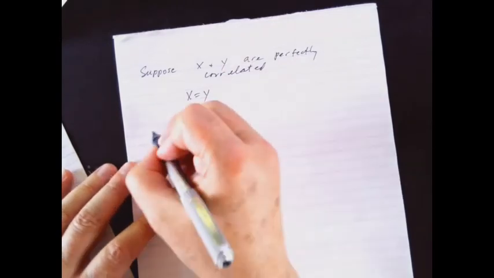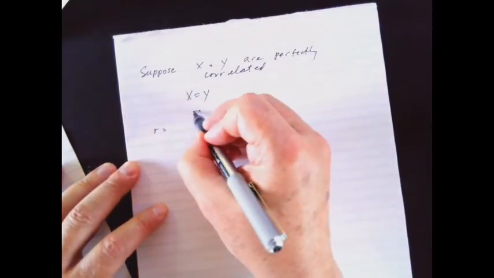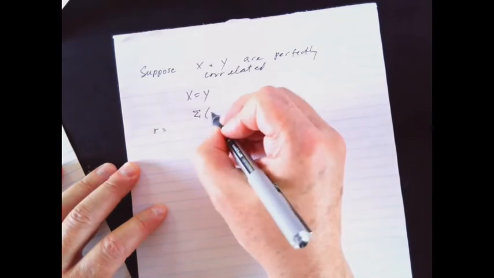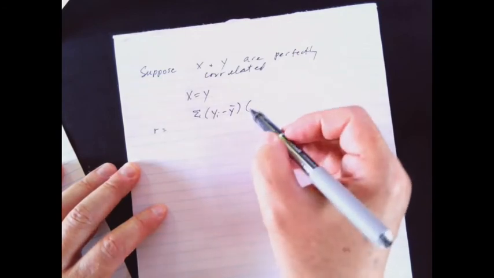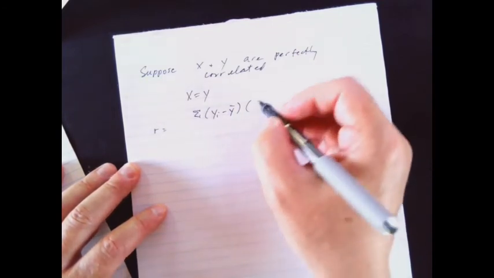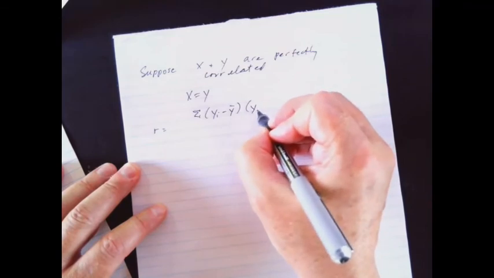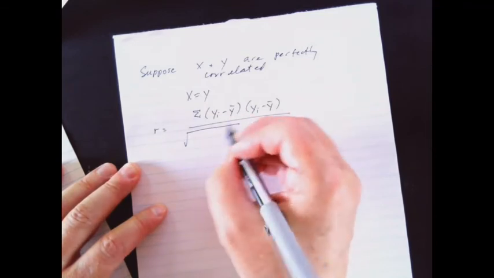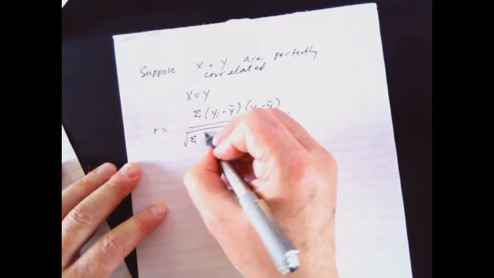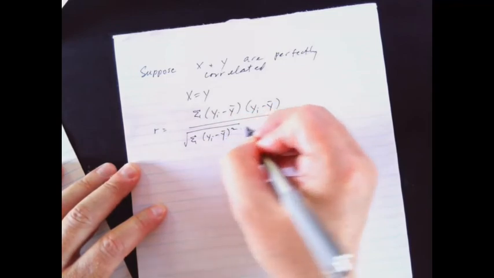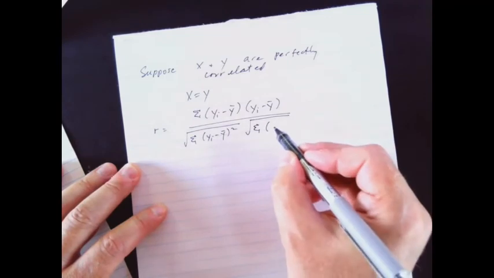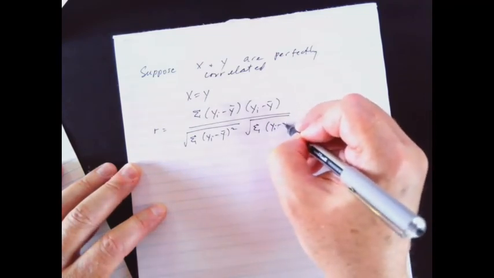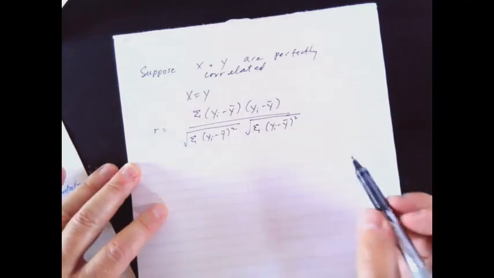So our formula then will be, we got the sum of i equals 1 to n of y minus y bar times, now normally I would write x minus x bar, but since x equals y, it's just going to be y minus y bar again. And that's divided by the square root of the sum of y minus y bar squared times the square root of the sum of, now instead of x minus x bar, I put y minus y bar squared again.